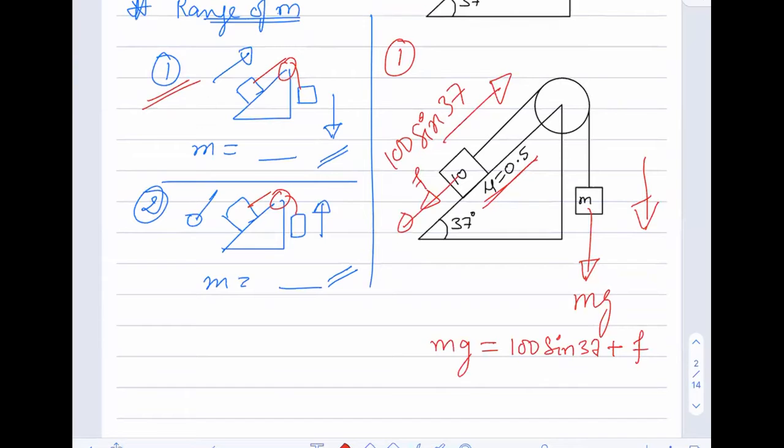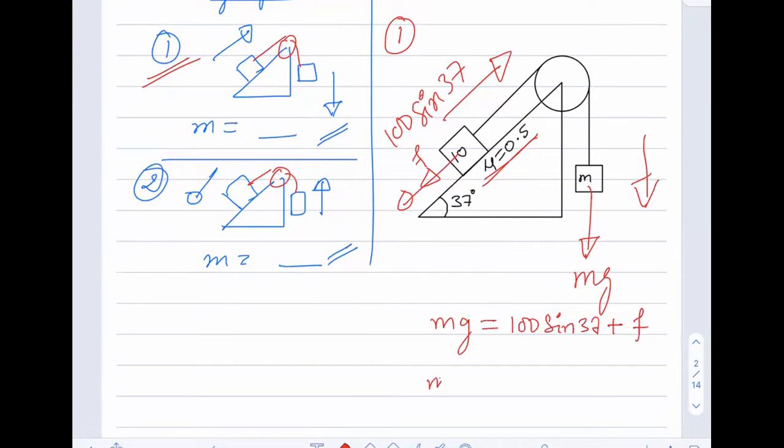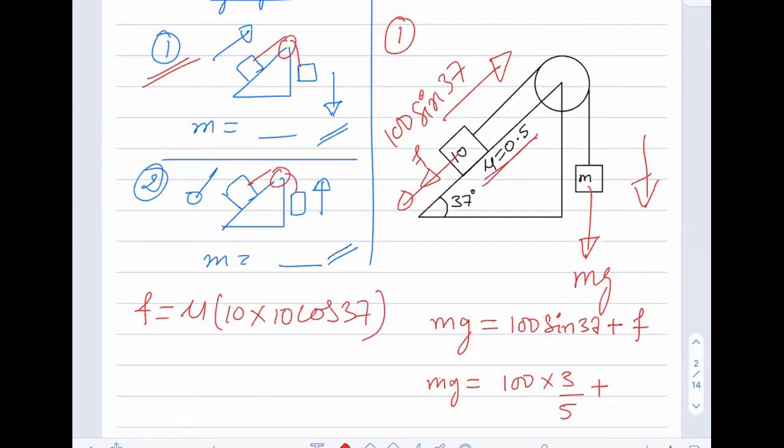force. Now mg I can write as 100 into 3 by 5 plus frictional force. Now what is the frictional force here? So the F value I'm calculating here. It will be mu into m2, mu into 10 into 10 cos 37, because the normal reaction in this case will be mg cos theta.